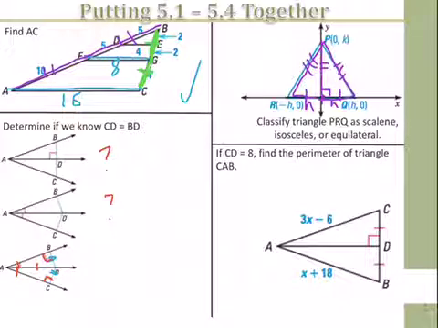So at the very least, let me erase everything that's unnecessary here. We could do that at the very least to show that it is isosceles. We have that. We don't know, however, if RQ is congruent to PR and PQ.